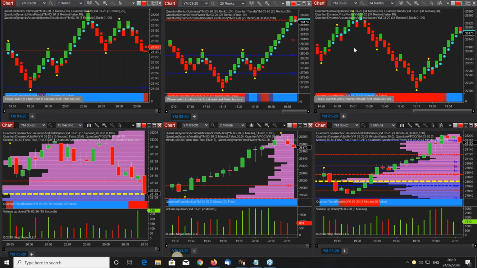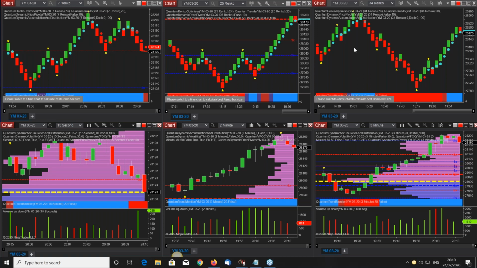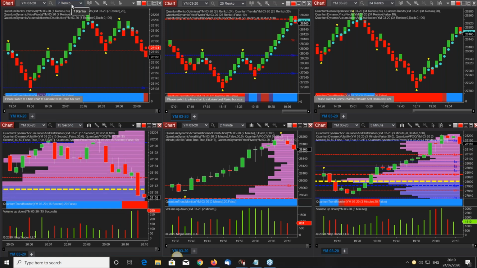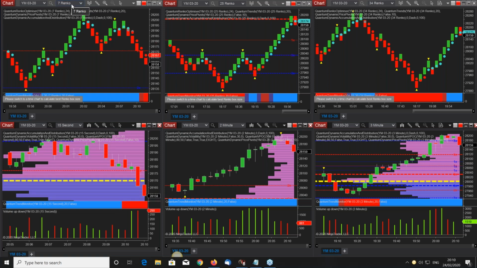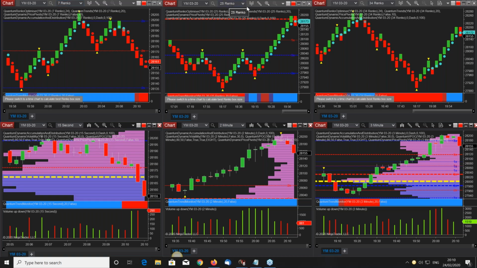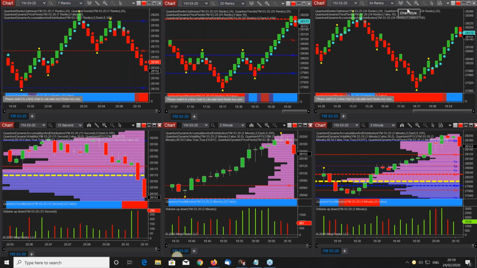When you've got this set at 15 second, obviously the faster the chart, the smaller the brick size. As you move to slower time frames, it gets progressively bigger on upwards up the time horizon.